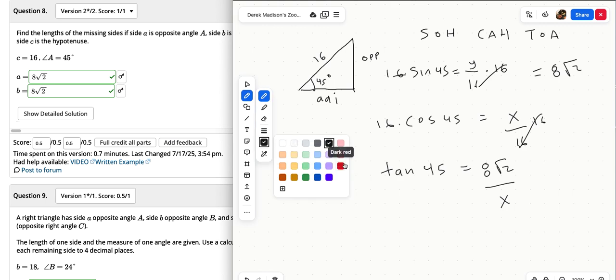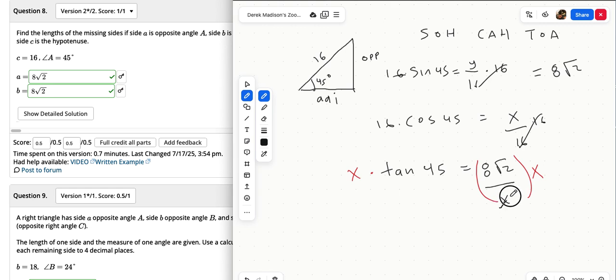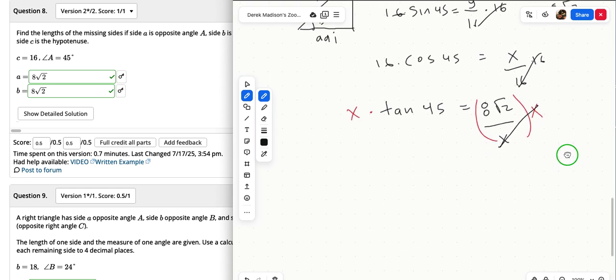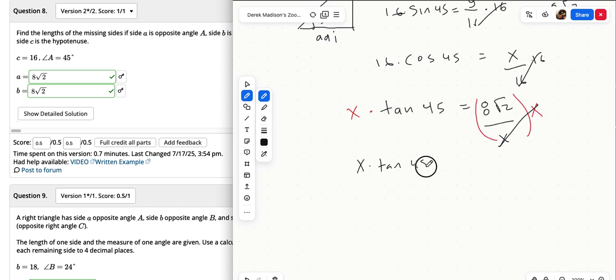So to do that, that x is in the denominator, and that's why I actually wanted to show you this one. So for that, we would need to multiply both sides by x. And then let me scoot that up a little bit. So then I would have x times tangent of 45 degrees equals 8 root 2.